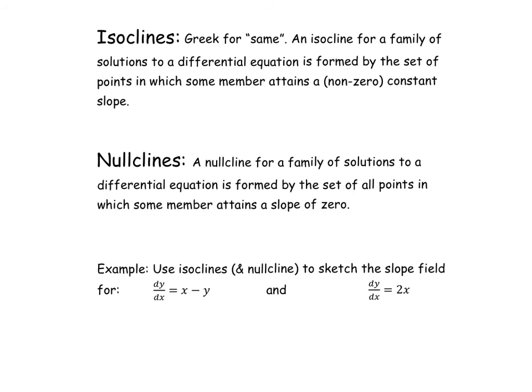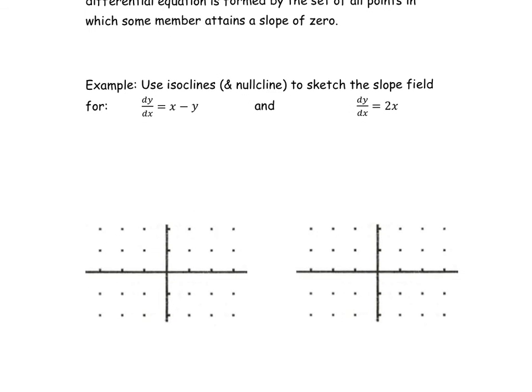So instead of using our methods from earlier where we drew out all of those little hash marks or slopes by using simple addition and subtraction, which we had to do 25 to 30 times, I'm going to isolate and determine isoclines.